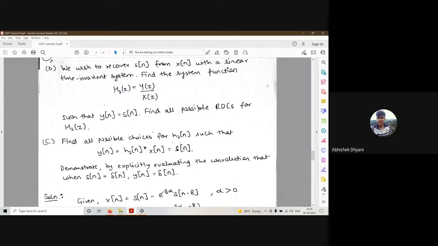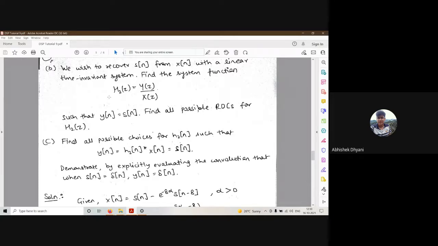What that means is that once we have obtained X(z) in the previous question, we now want to pass it through another system, and when we do that, we can obtain the input to h1 of n. So basically that means that this H2(z) must be the inverse of H1(z).